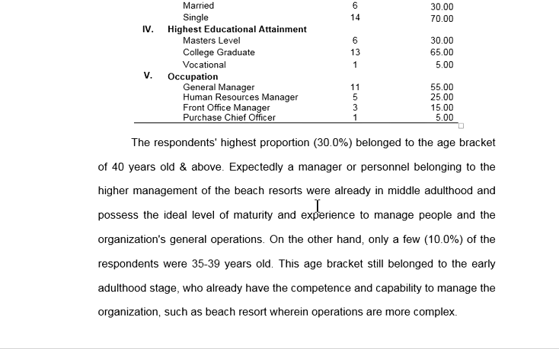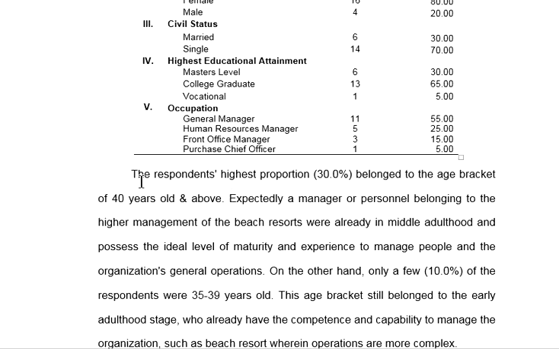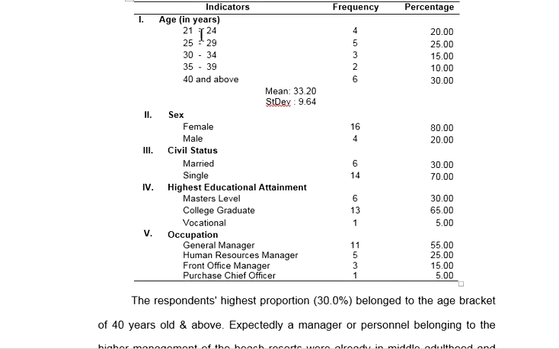So in the first part, instead of discussing each one of these, for example, in age, there is an age bracket. Instead of discussing every age bracket, you will just have to highlight the highest and the lowest.